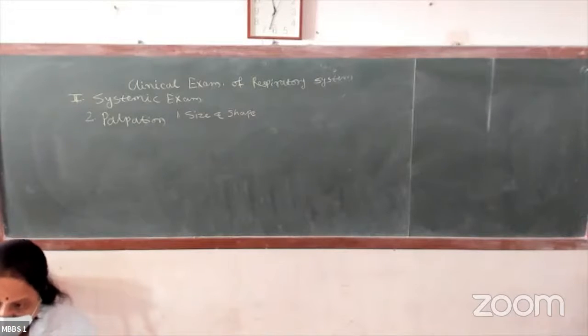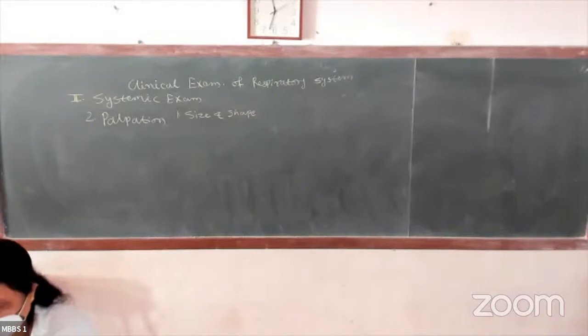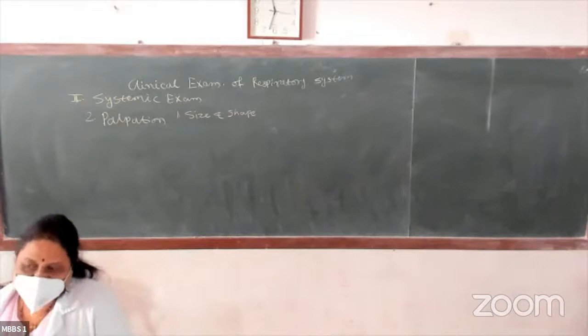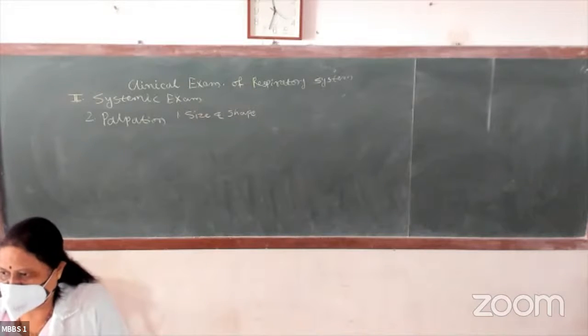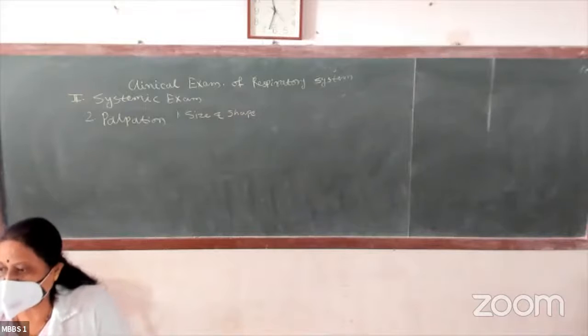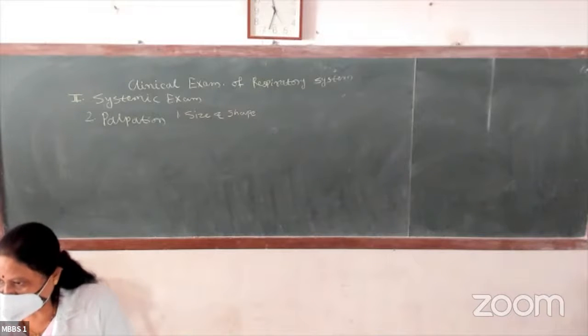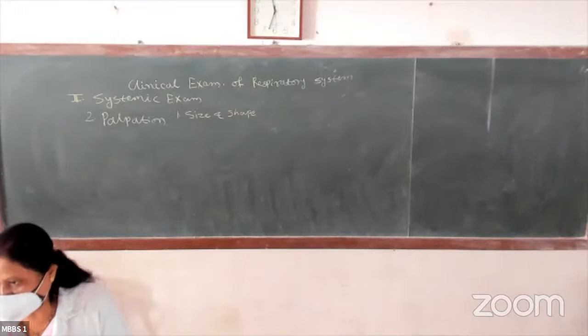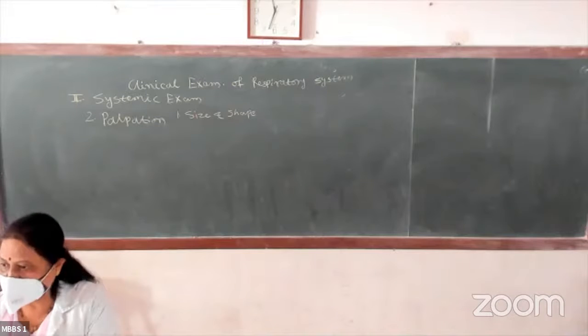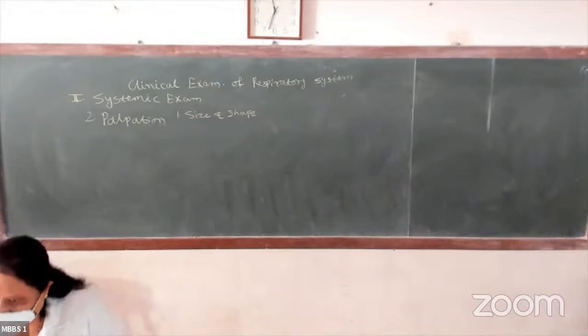Then on the back side: suprascapular, infrascapular, and interscapular, in between the 2 scapulae. If there is a question on auscultation, we put the stethoscope on these 9 areas; for percussion, we percuss on these 9 areas.